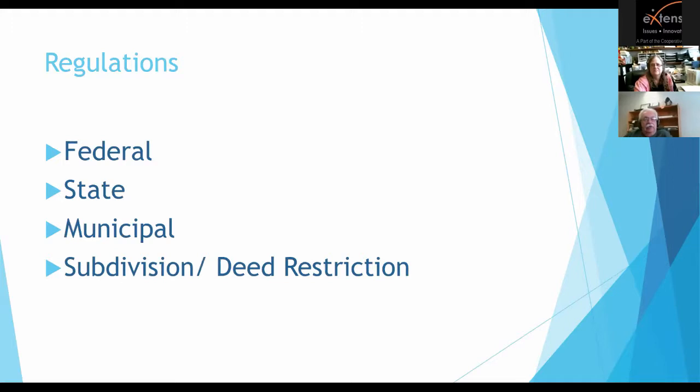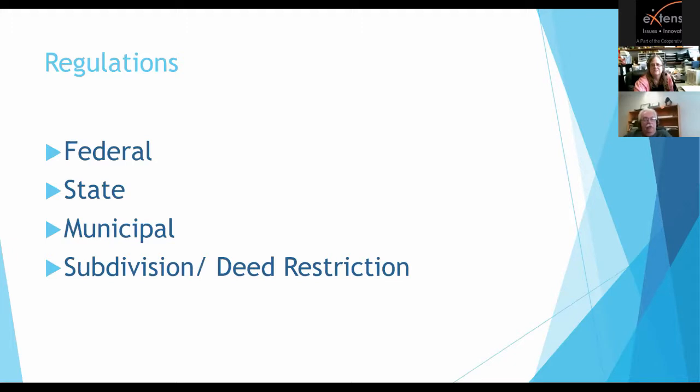We need to look at state government. Many municipalities will have regulations in regards to animals and the types that you can have. And more importantly, with many of the subdivisions and homeowners associations, there may be requirements already in deed restrictions or as part of a homeowner association or a subdivision.